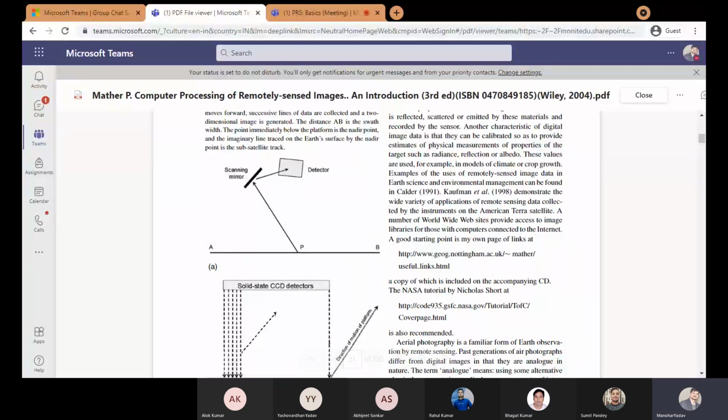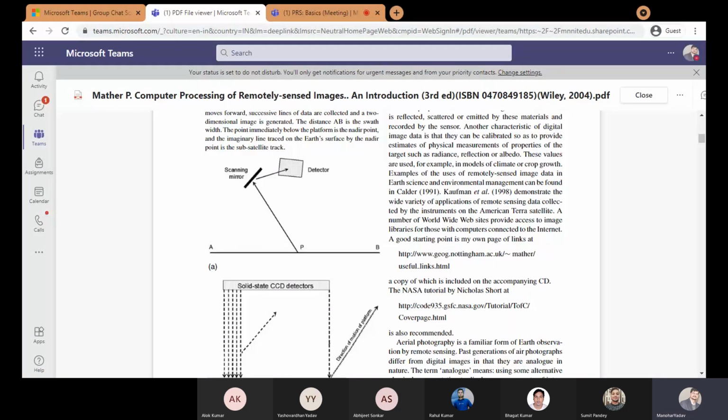In another band the energy will be different because it is a different band. Energy varies with respect to wavelength. As I said before, one reason is the energy available in one photon. If you move from short wave to long wave, the energy within a photon will decrease. So in the red band the energy will be more.